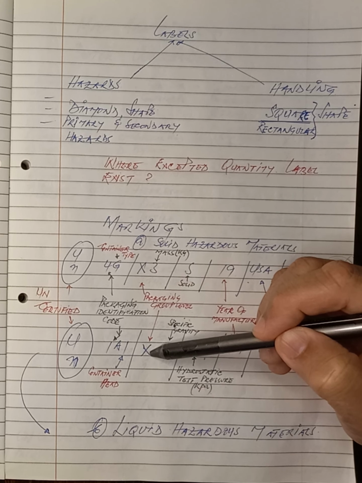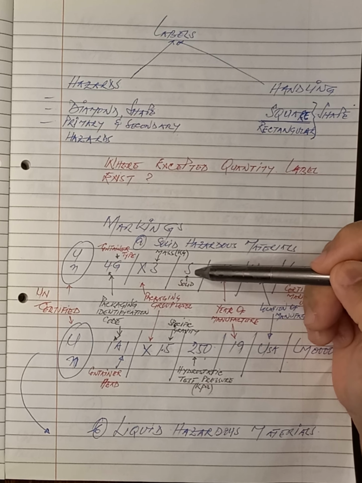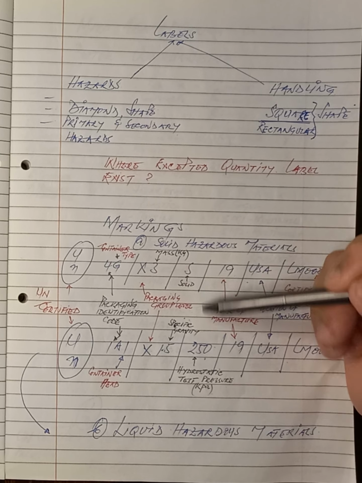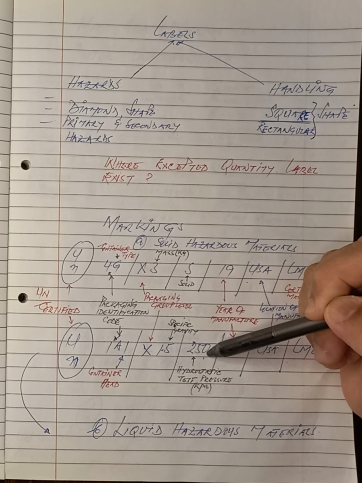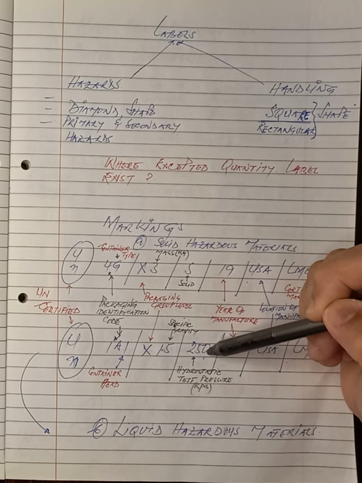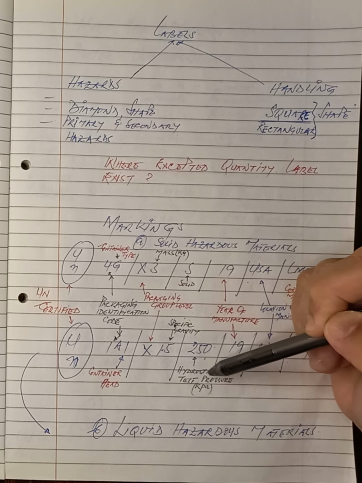This alphabet here is showing the packing group level. This 3 in case of solid is showing the mass in kg, and in liquid is specific gravity, as you can see. Here clearly indicates S stands for solid, and if it's a digit like this, 250 for example, meaning hydrostatic test pressure in kilopascal.